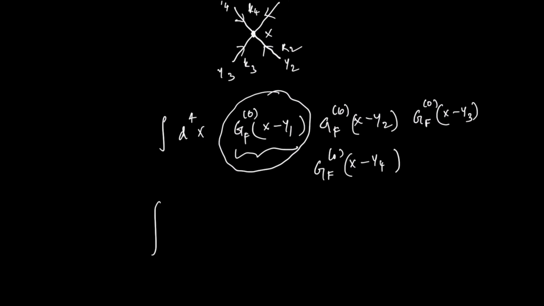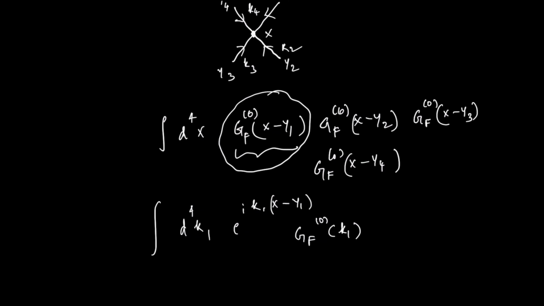G_F(x - y1) will become the integral d⁴k1 e^{i k1 (x - y1)} G_F(k1). Similarly, I can write for the other Feynman functions also, right?